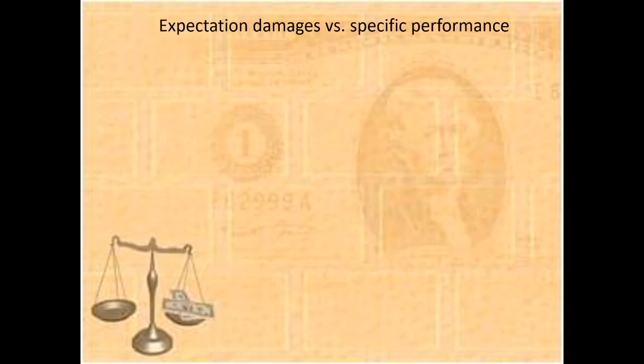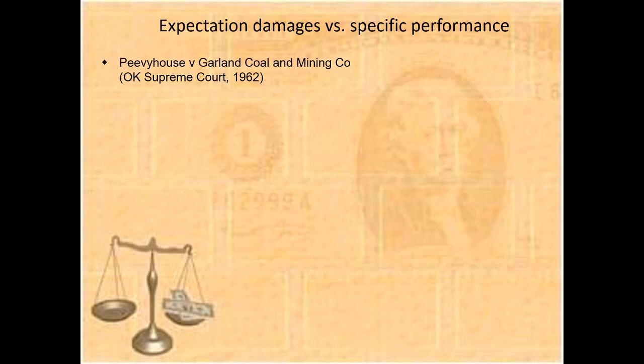Expectation damage versus specific performance. Now let's talk about expectation damage, which is the highest damage, and the specific performance case. Now let's check the Peevyhouse versus Garland Coal Mining Company case, which we have already talked about.